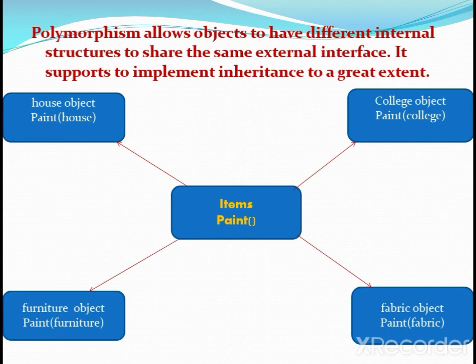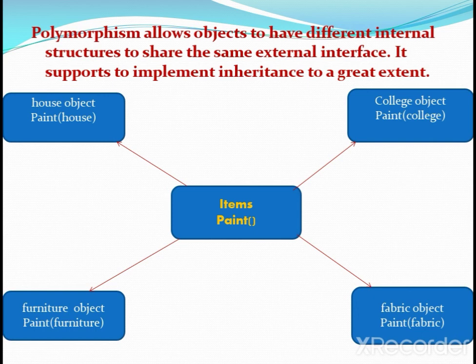Polymorphism allows objects to have different internal structures to share the same external interface. It supports implementing inheritance to a great extent. This picture shows how a single function name is used to handle different types and numbers of arguments. Here the single function name is paint_off.